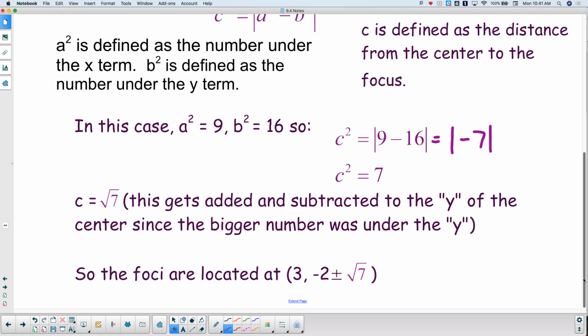Because the major axis was vertical, I add and subtract it to the y. If my major axis is horizontal, I add and subtract c to the horizontal.